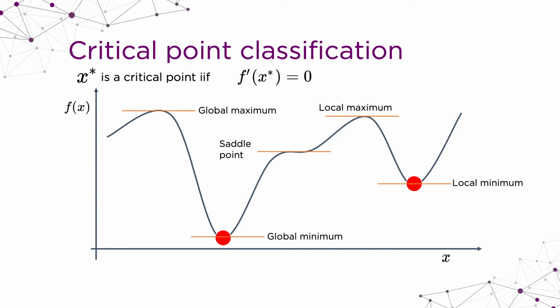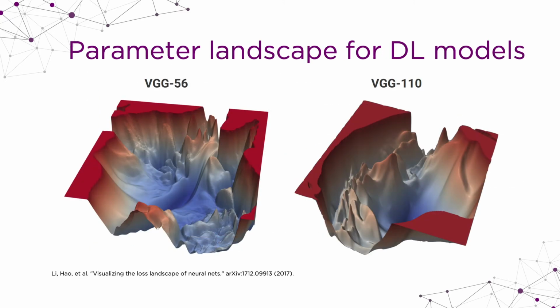And here it's only to show some concepts. You can see that I'm considering one parameter. In deep learning, we have millions of parameters. And just to be impressed a little bit by the complexity, I'm showing these images where people invented very clever ways to project the optimization landscape in millions of dimensions into something that we can visualize. It has been done for two models, VGG 56 and VGG 110.